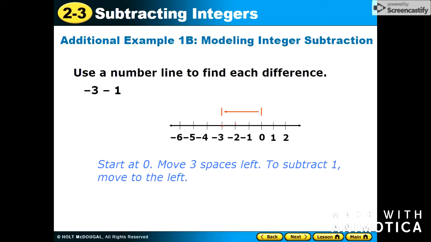So there's moving to the left 3. Now, if we're going to subtract 1, okay, we need to go 1 more space to the left to give us a total of negative 4. So negative 3 minus another one would give us a total of negative 4. I'm getting more negative.